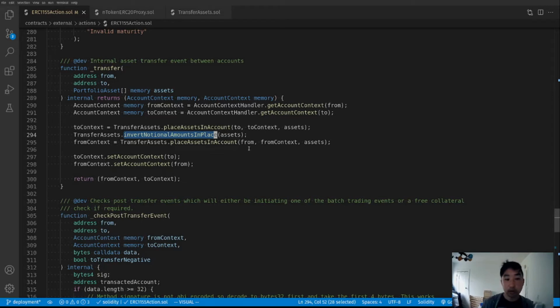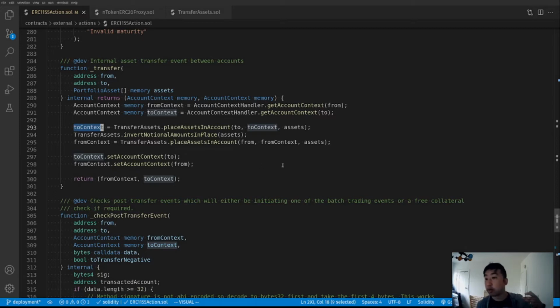In either case, what is in effect happening is that the to account is borrowing from the from account. And this is quite nice because it allows a market maker to essentially create debt by simply transferring Fcash to another account. That account can lend to the market maker by getting positive Fcash.